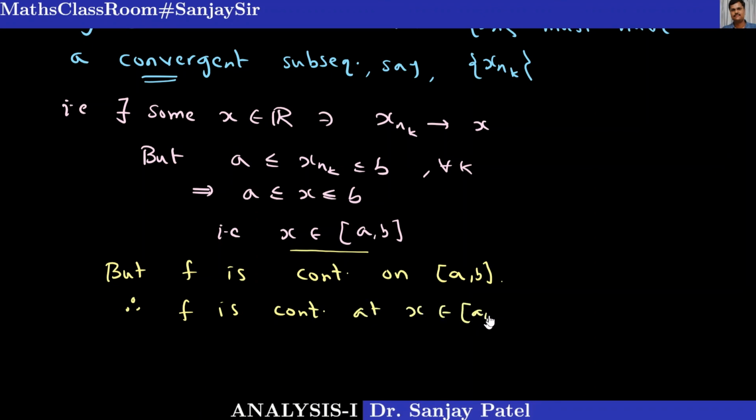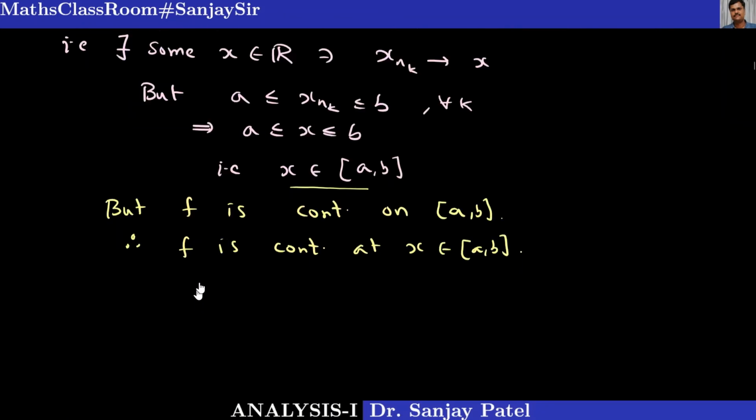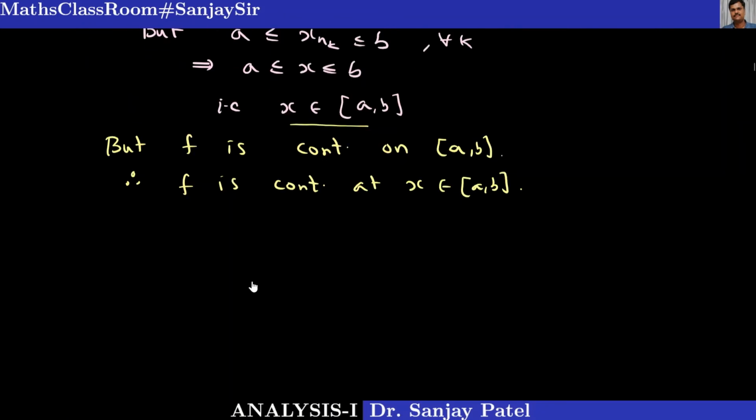By the relation between continuity and limit of a sequence, which you have seen earlier, as xnk converges to x, we can say that f of xnk also converges to f of x, by a theorem for continuous functions which we have proved earlier.